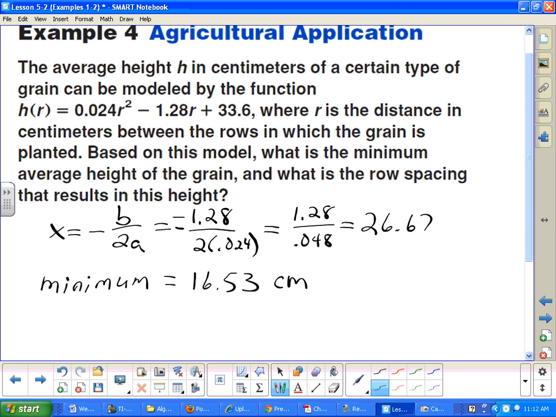And what's the row spacing? What's the row spacing then? We already know it. 26.67.